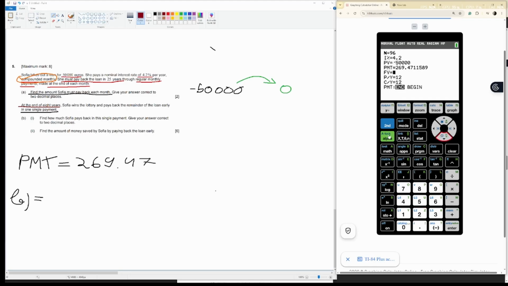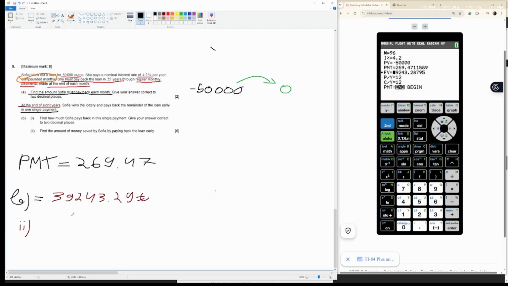Now we calculate the future value of how much she had left to pay, and that is worth 39,243.29 euros.